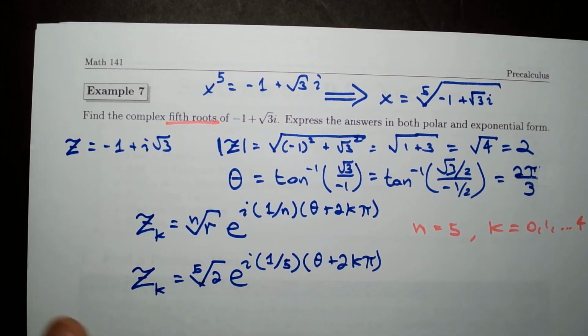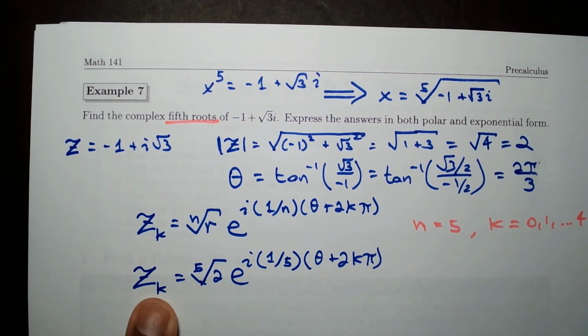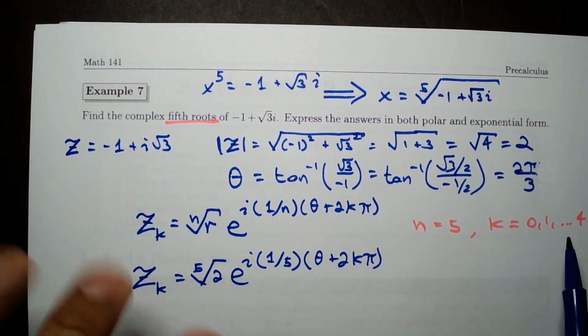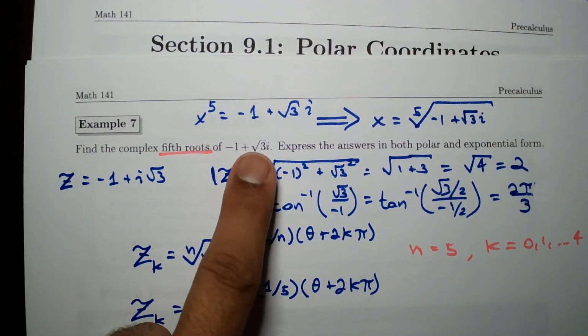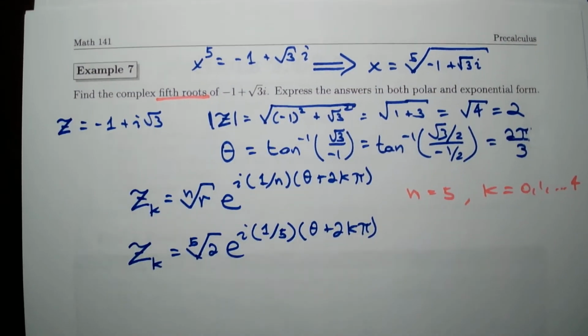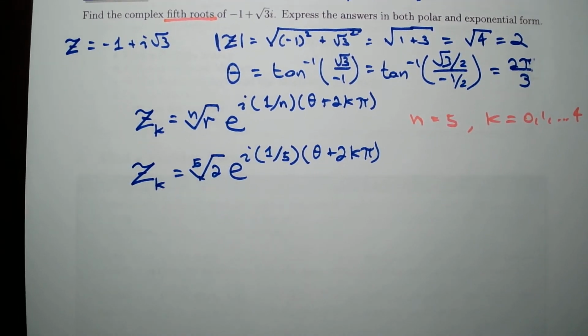We're going to go k from 0 to 4, that is 5 times, to find the 5 fifth roots of -1 plus square root of 3i.